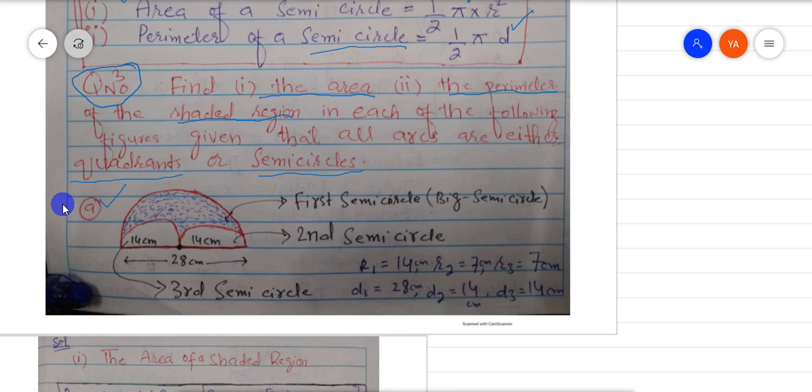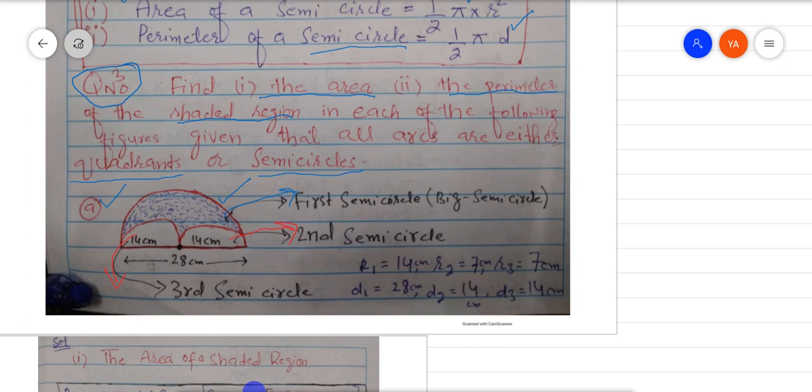So the figure is this. This is the given figure, and in this figure there is another semicircle inside the big semicircle. So there are 3 semicircles. This is the first one, this is the second one, and this semicircle is the third one.